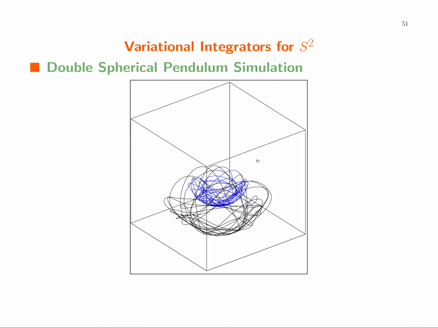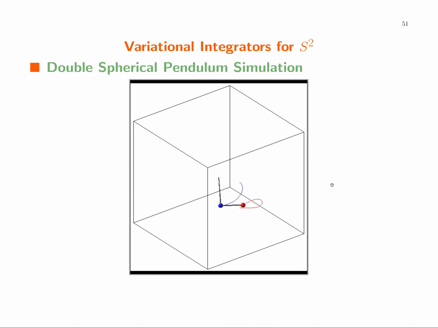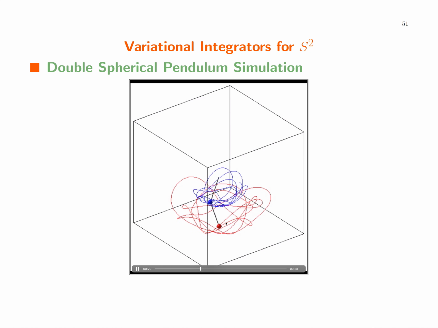All right, so in any case, when you develop these methods, you can apply them to, for example, this double spherical pendulum here. And this is a nice numerical method because it only uses 2 degrees of freedom for every copy of the sphere it has. So in this case, it has 4 degrees of freedom. But it doesn't blink when the pendulum arm swings up from the north to the south poles, so there's no worry about the coordinates.